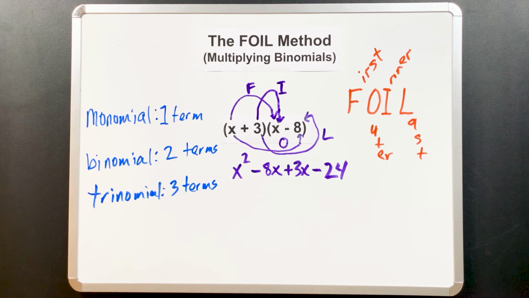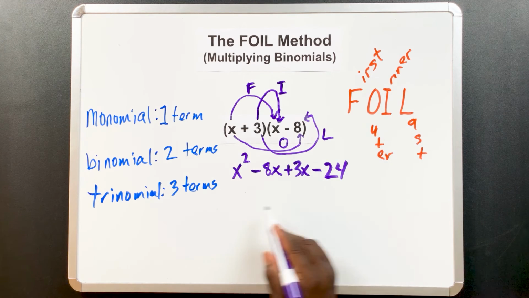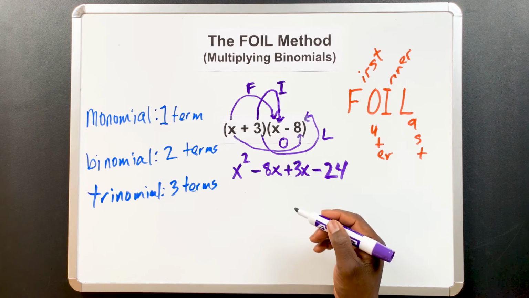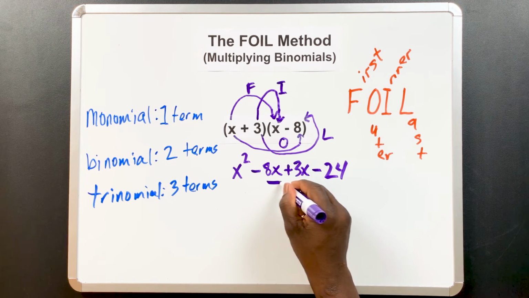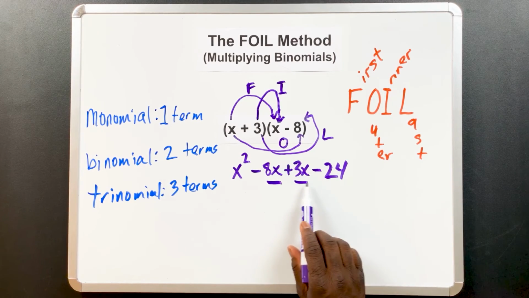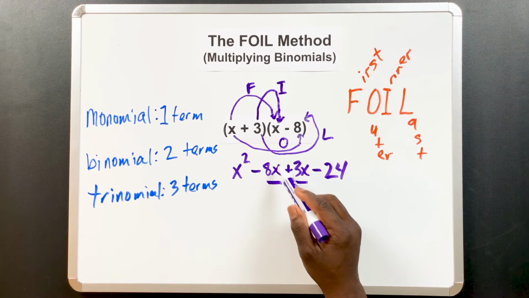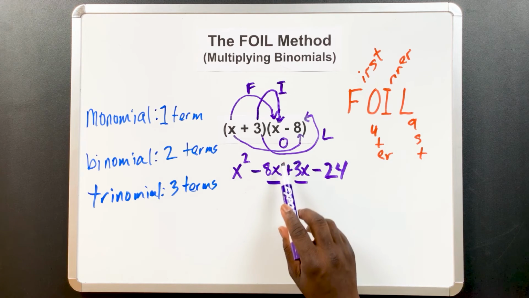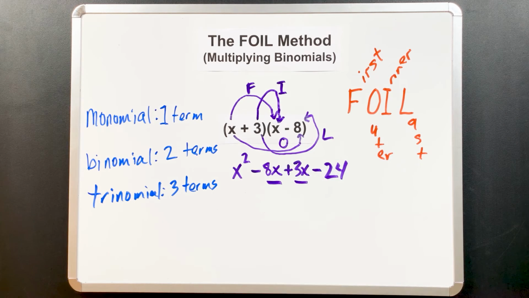Very good. Now that we've successfully applied the FOIL method, we're going to go ahead and combine like terms. These two terms are like because they have the same variable and the same exponent. The exponent of the variable x is 1, and the exponent is 1 for that x.